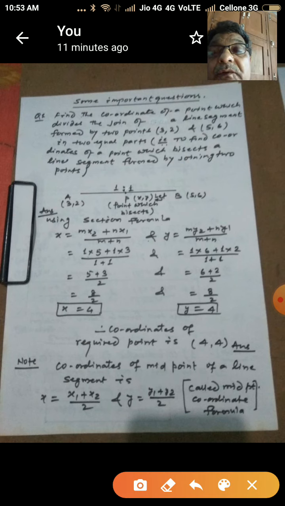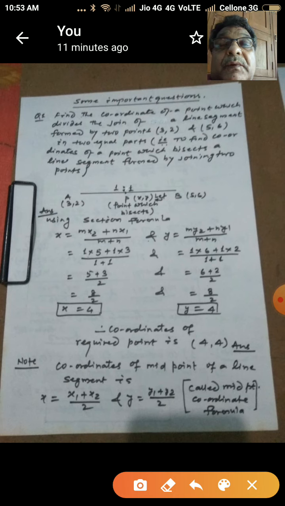This question, in other words, may be put this way also: find the coordinate of a point which bisects a line segment joining two points A (3, 2) and B (5, 6), because to bisect means to divide the line segment in 1:1 ratio, making two equal parts.